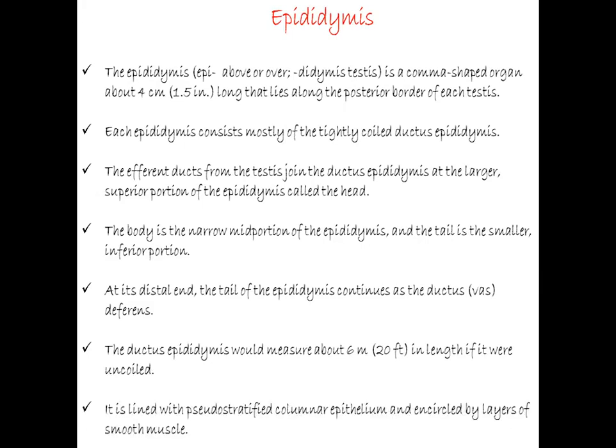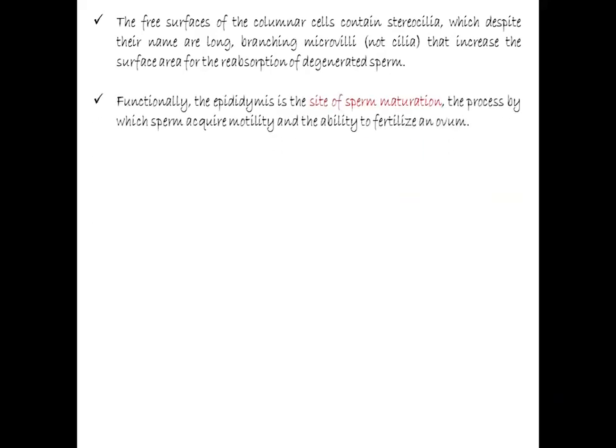It is lined with pseudostratified columnar epithelium and encircled by a layer of smooth muscle. The free surface of the columnar cells contains stereocilia, which are long, branching microvilli that increase the surface area for the reabsorption of degenerated sperm. Functionally, the epididymis is the site of sperm maturation, the process by which sperm acquire motility and the ability to fertilize an ovum.